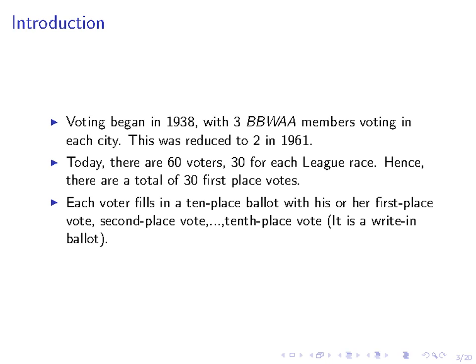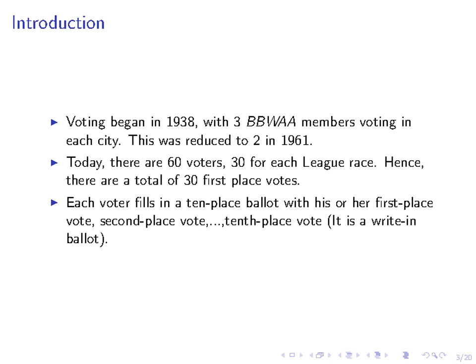And they formally began voting on this process in 1938 with three Baseball Writers members voting for each MLB city. This was reduced to two later in 1961, two per city. Today we've maintained this system of two per city. There's 60 voters, 30 for each league MVP race.